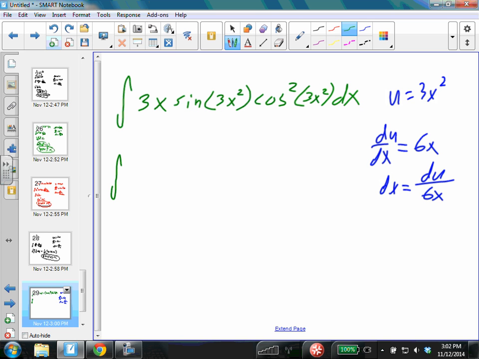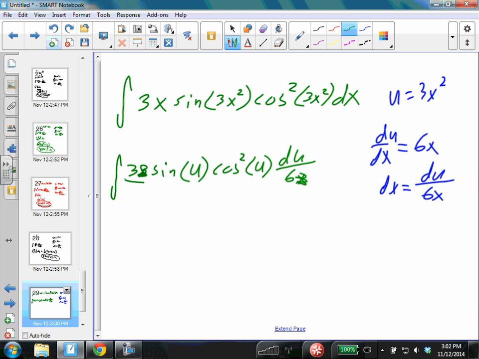So this is 3x times the sine of u times the cosine squared of u du over 6x. So those x's will cancel, right? The 3x on the top and the 6x on the bottom. So the x's in both of those cancel.